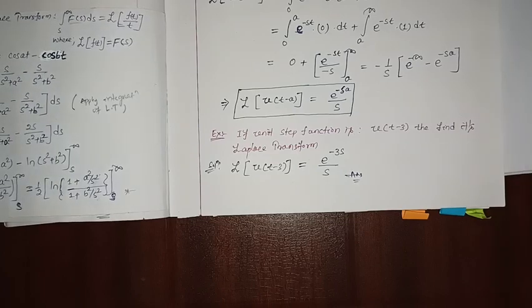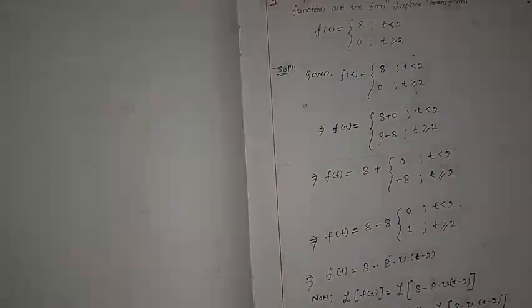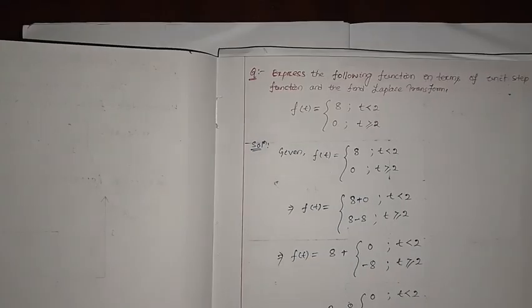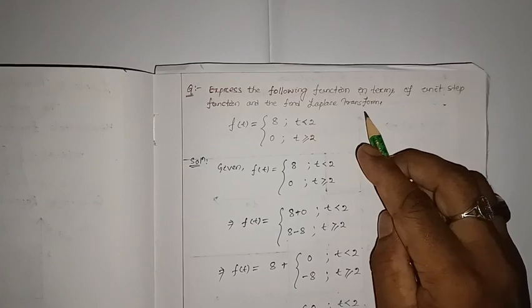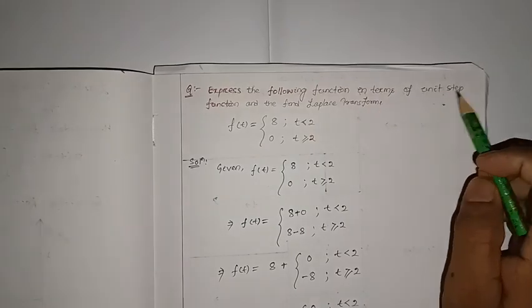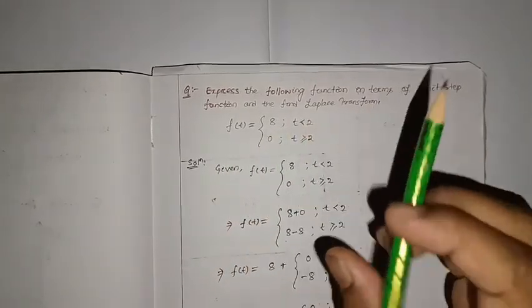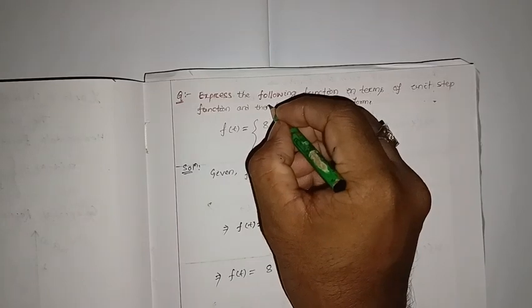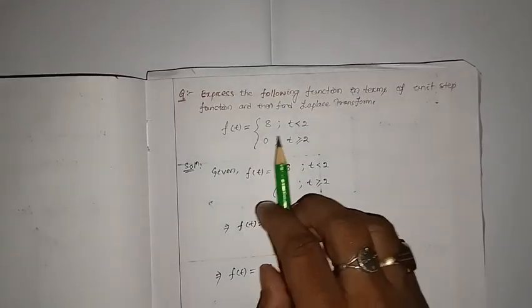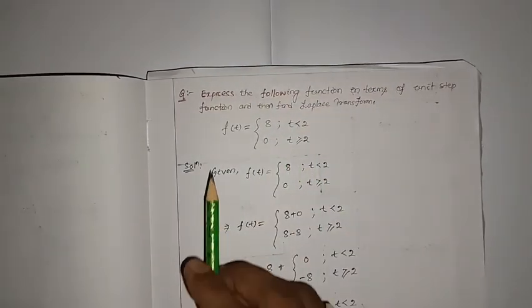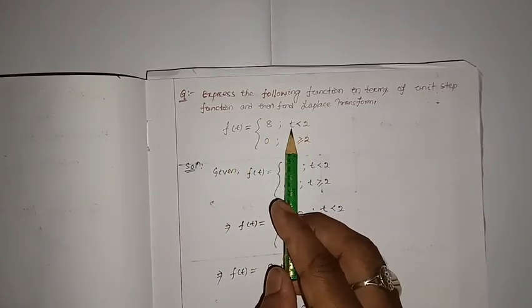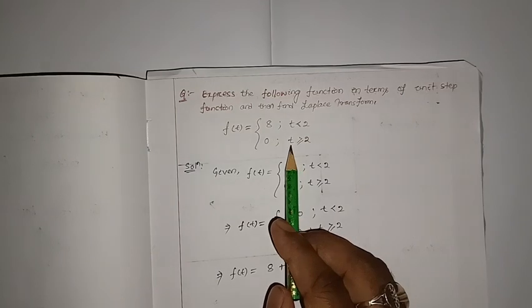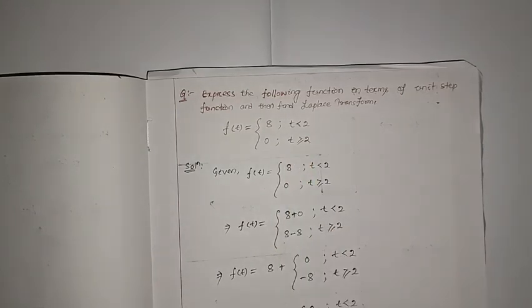Okay, now we are going to go for another numerical which is somewhat interesting: express the following function in terms of unit step function and then find out the Laplace transform. The given function is 8 when t is less than 2, and 0 when t is greater than or equal to 2.